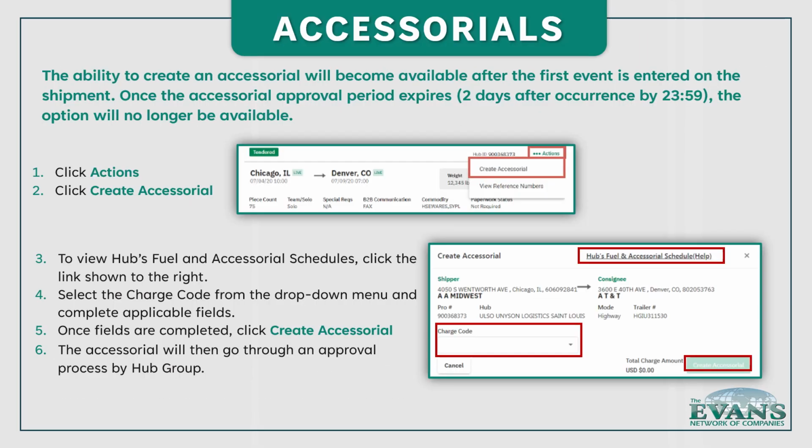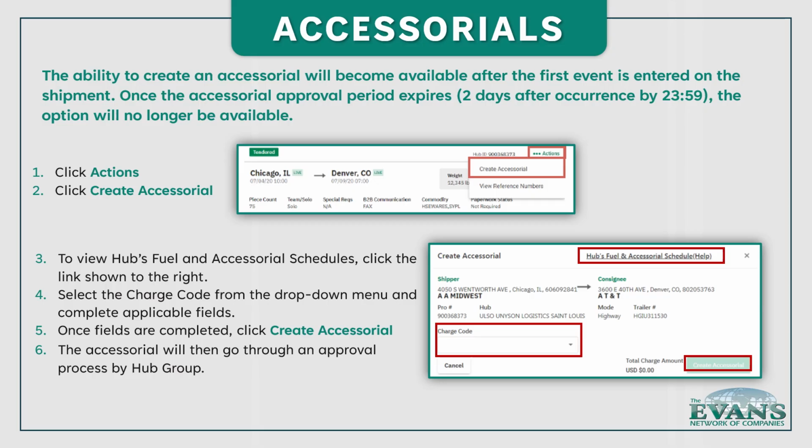For the accessorials, the ability to create an accessorial should become available after the first event is entered on the shipment. Once the accessorial approval period expires, which is 2 days after the load is moved by midnight that second day, the option will no longer be available. You can see here, if you click on the actions option in Hub Carrier Connect and then click on create accessorial, you'll then view the accessorial schedules.